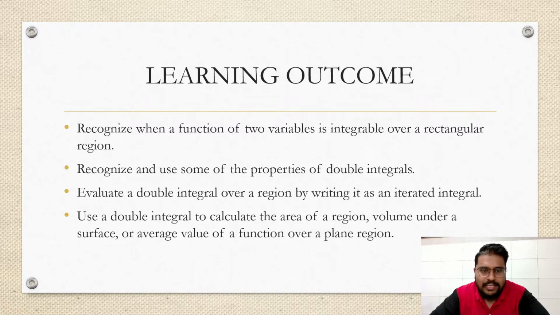Use a double integral to calculate the area of a region, volume under a surface, or average value of a function over a plane region. By looking at this learning outcome, I bet doctor already knows what we are going to do. Today our title is double integral, and our application is thin plate or lamina.